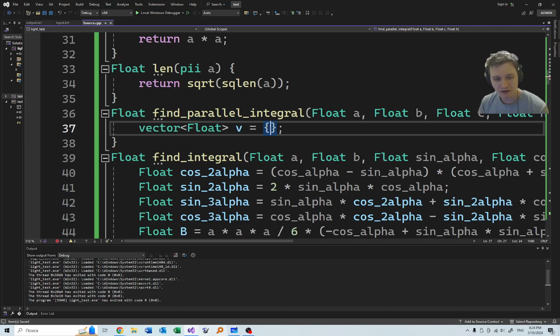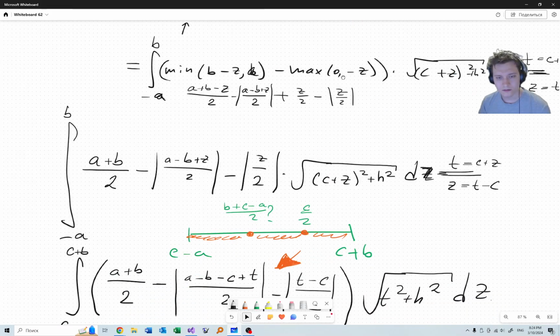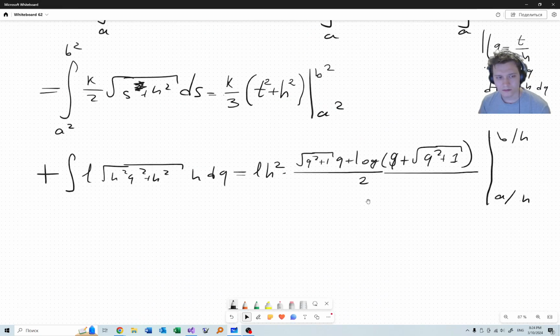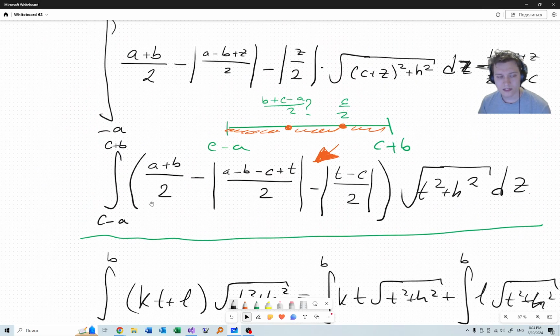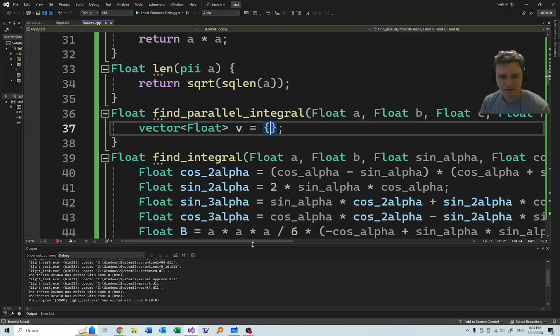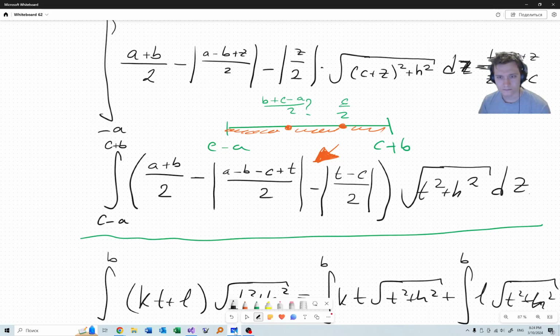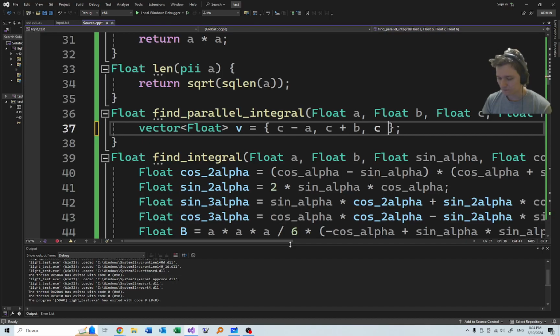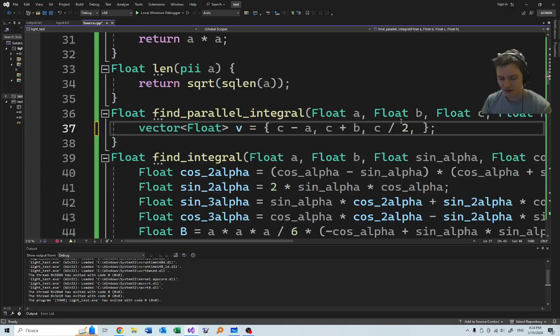Let's put there a c minus a, c plus b, c over 2, and c plus b minus a over 2.